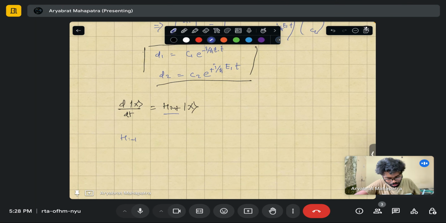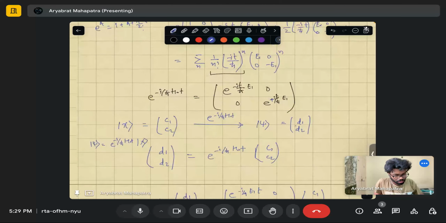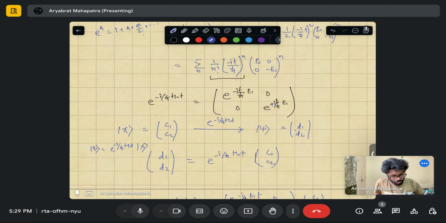As I just showed you the definition right before, I can write Hint as exponential of minus i over h bar H naught t, times Hp, that is the time dependent part or the perturbation, times exponential of i over h bar H naught t. And exponential of minus i over h bar H naught t is this, as we just computed right here.